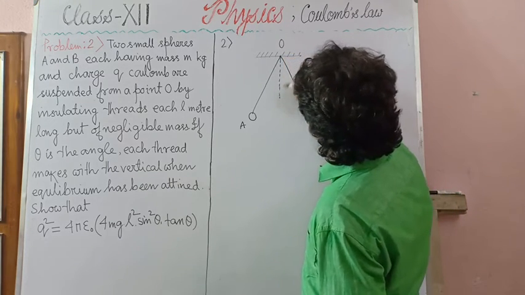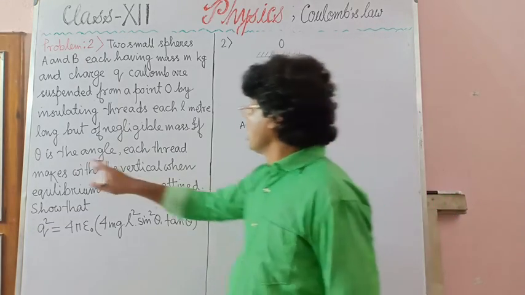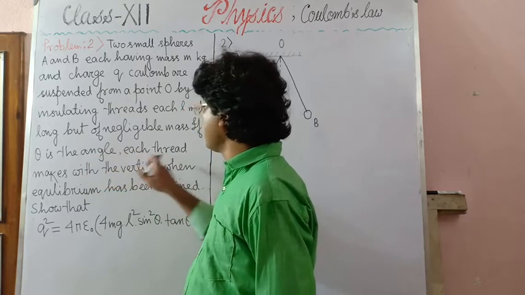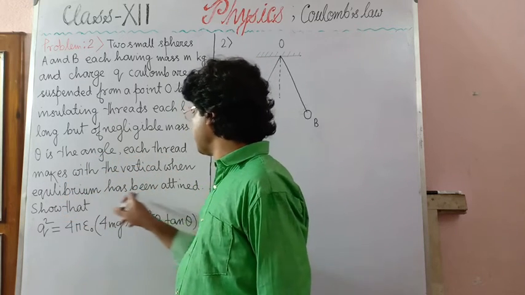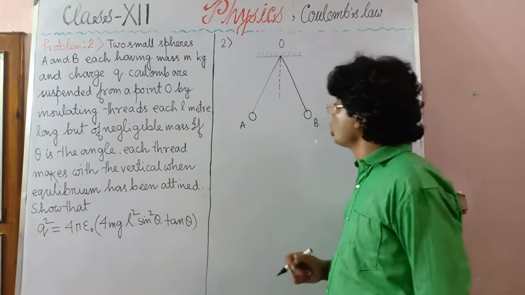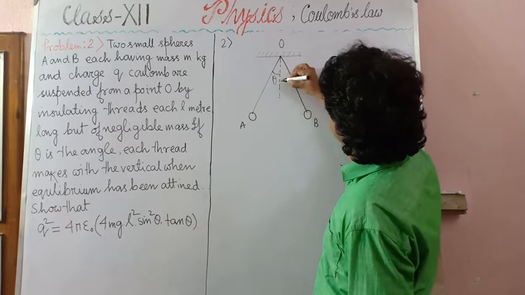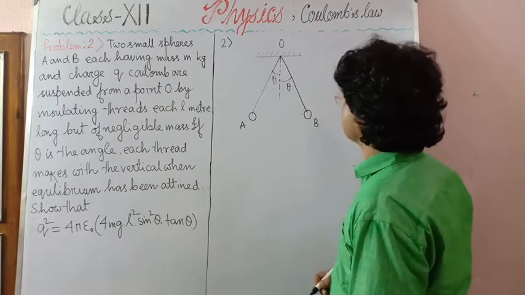This is the vertical line and theta is the angle each thread makes with the vertical when equilibrium has been attained. So, this angle is theta and also this angle is theta.